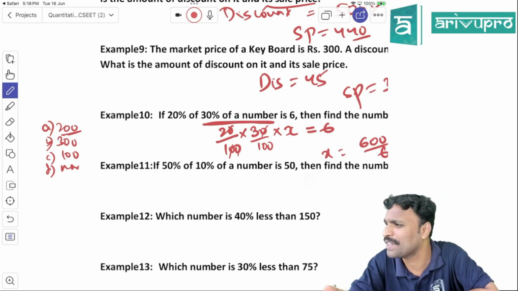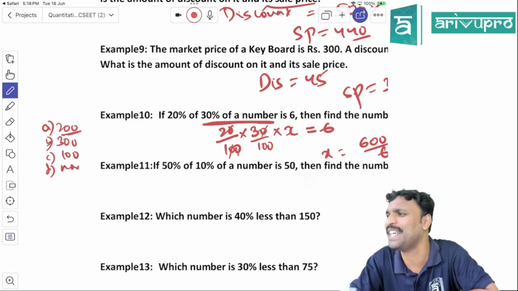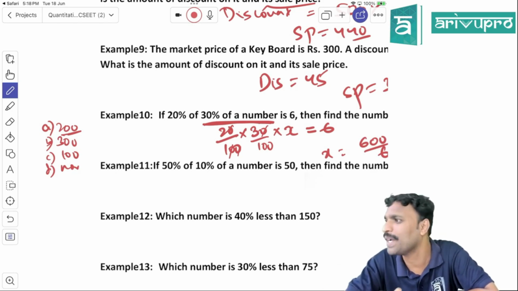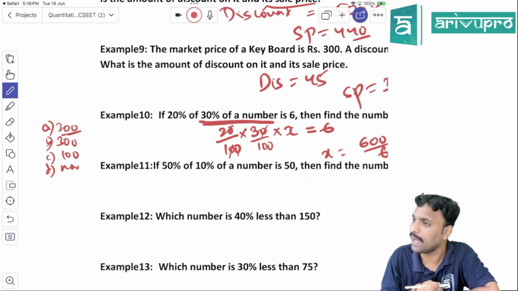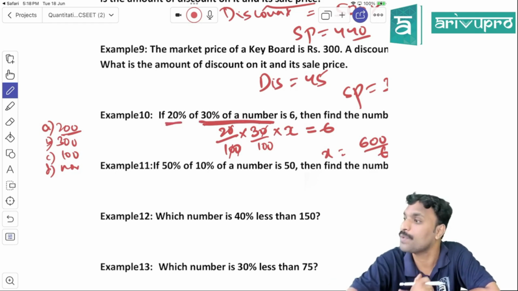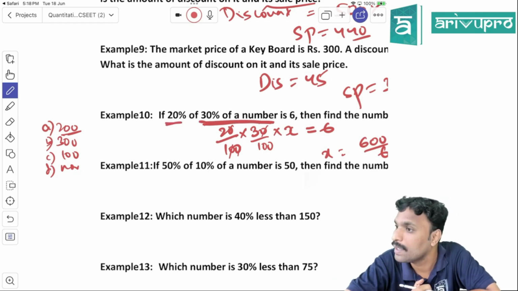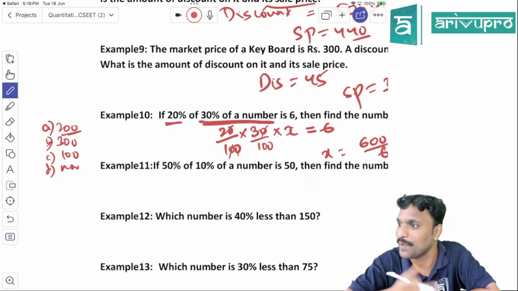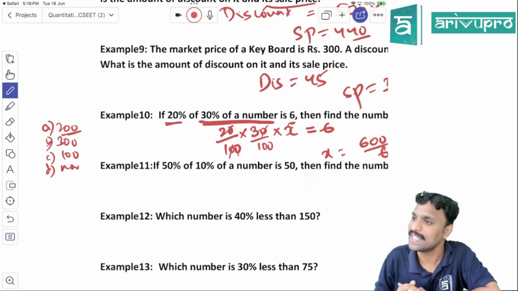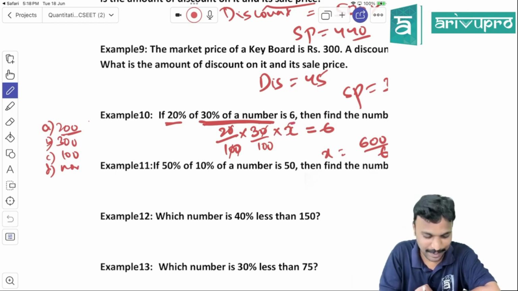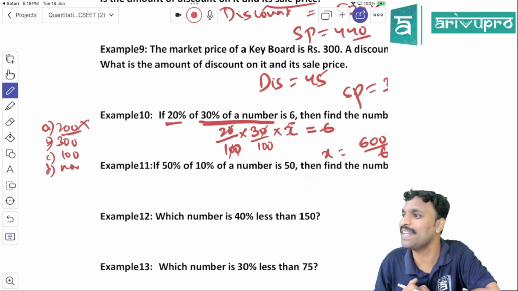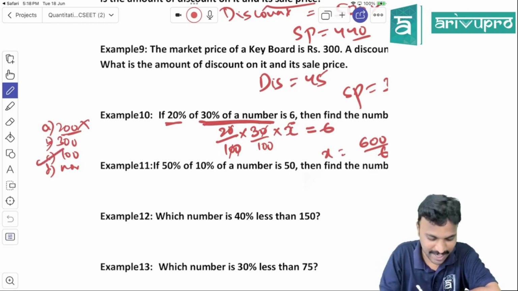What is 200% of 30? Double of 30, which is 60. Use the reversible property. So 60 you get. 20% of 60 is what? 12. 10% of 60 is 6, 20% is 12. But what is given? 6. So it can't be 200. It can't be even 300 either.